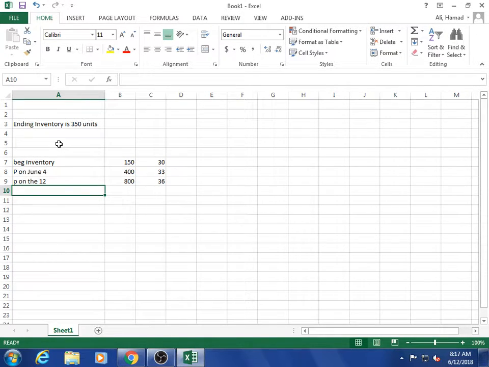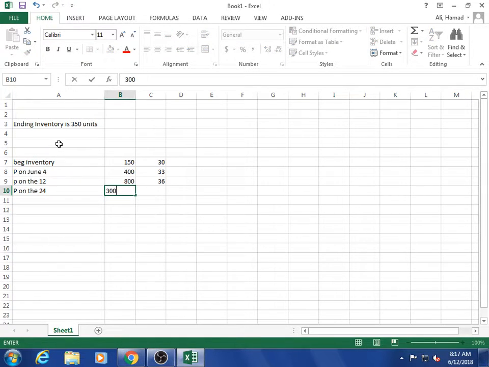And another purchase on the 24th: 300 units at $39 per unit.